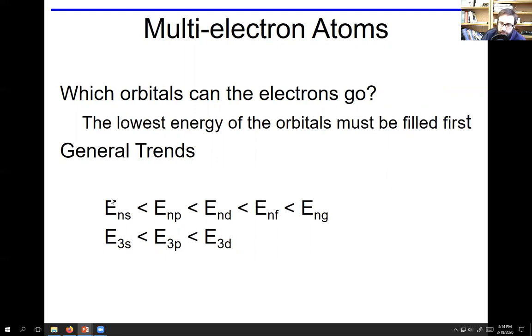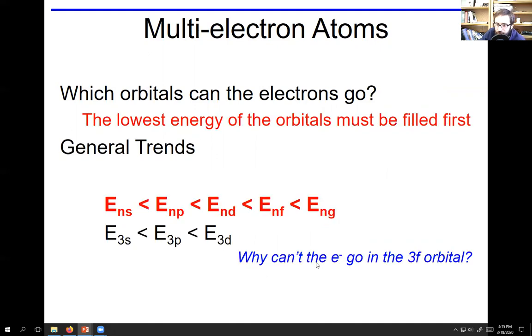Those are generally going to be your s orbitals. So for any n value, your ns generally is going to be lower in energy than your np, your nd, your nf, your ng. We didn't talk about that; g orbitals are above f orbitals. Don't worry about g's. So your 3s is going to be filled before your 3p and your 3d because it has lower energy. Generally, that will be true.